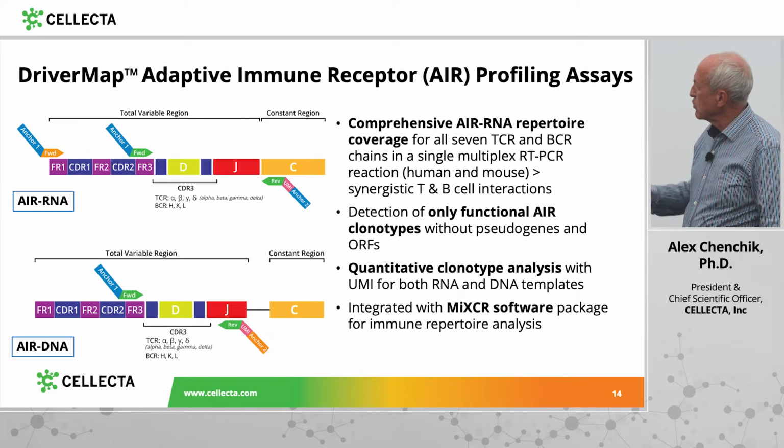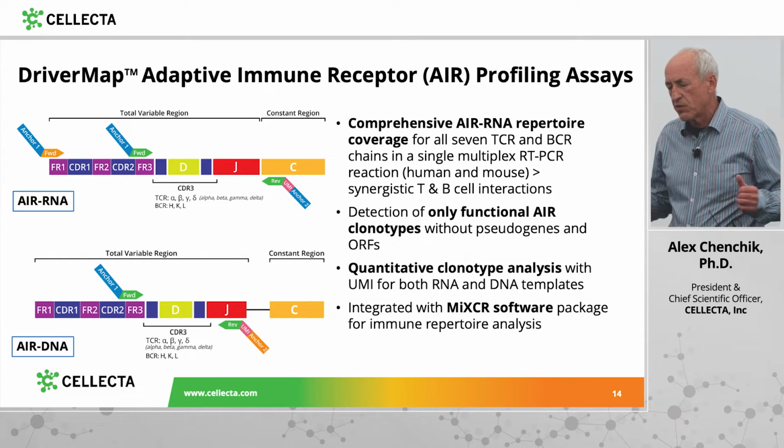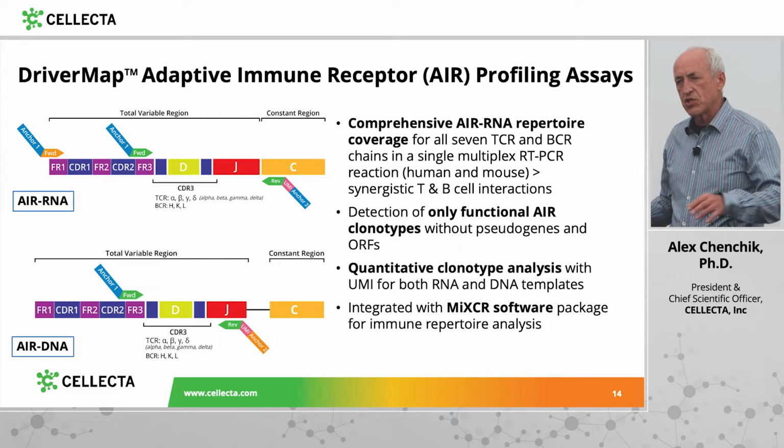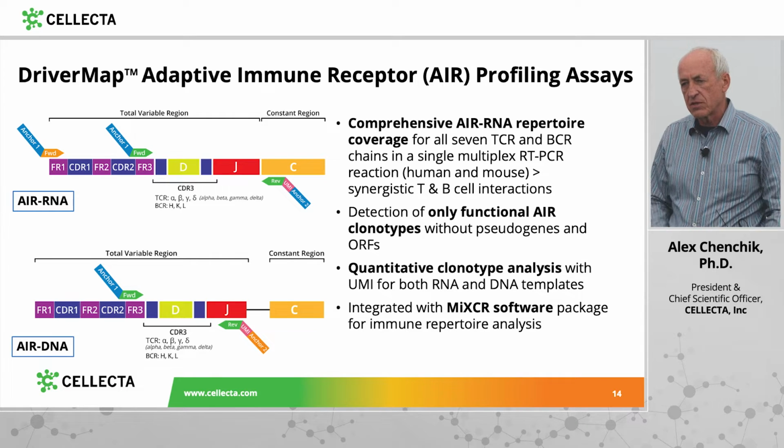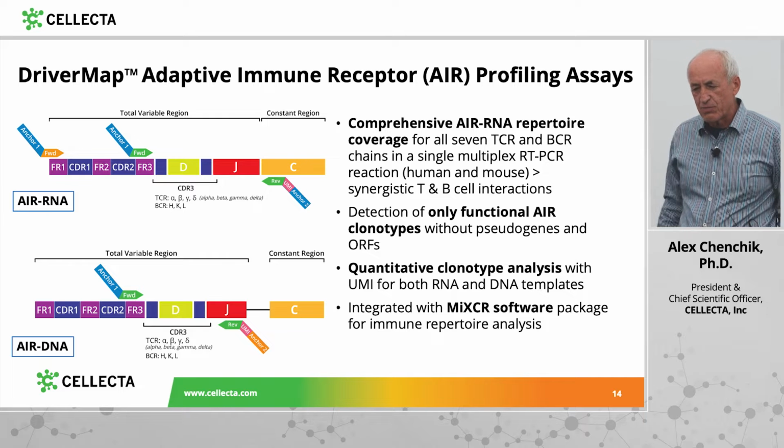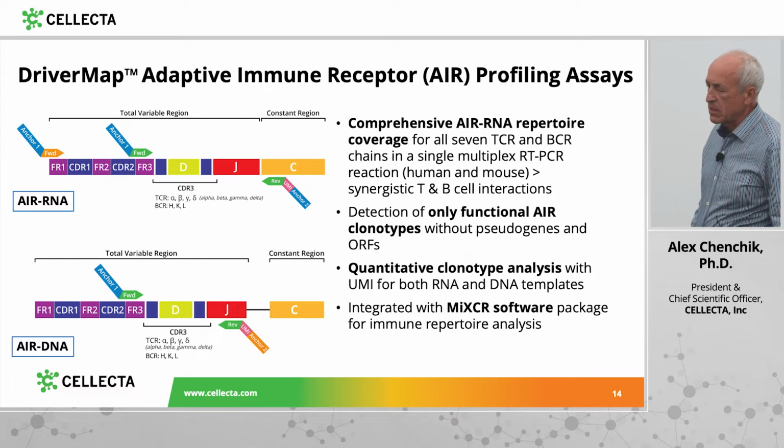We designed for both human and mouse, and what is great, you can combine all 7 chains in one reaction. So you can profile in one simple reaction all 7 chains for T-cell receptors and B-cell receptors. You don't need to split them, and the assay is characterized by very high sensitivity and specificity.